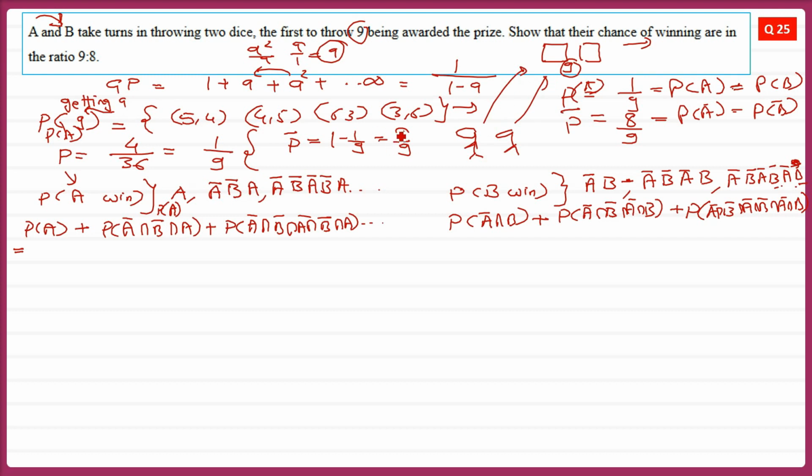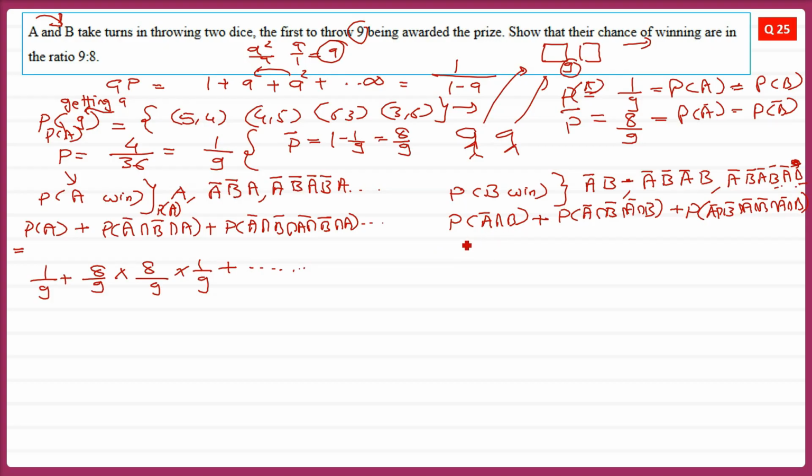These two persons are going to get the same probabilities. So PA is 1 by 9. Now replacing, PA bar into PB bar into PA, because you can directly multiply them, these are independent events. So PA bar is 8 by 9, PB bar is 8 by 9, and PA is 1 by 9. Now you don't have to write all these, because you will understand that it follows a pattern, and this pattern is called the geometric progression.